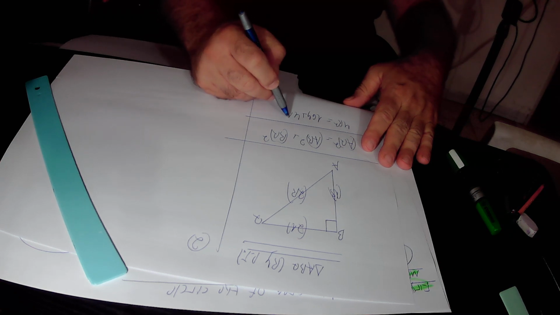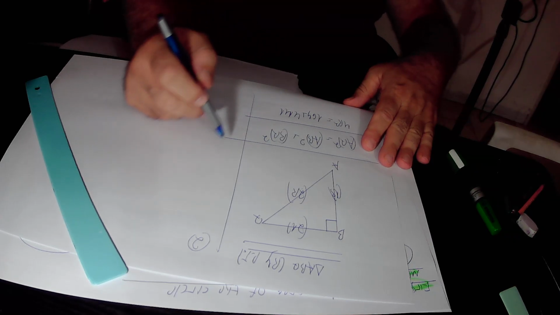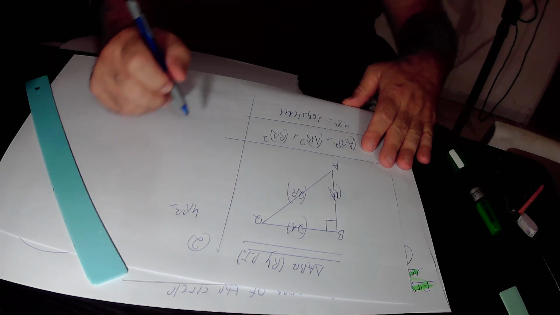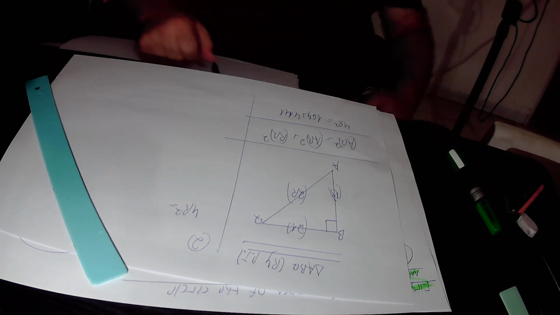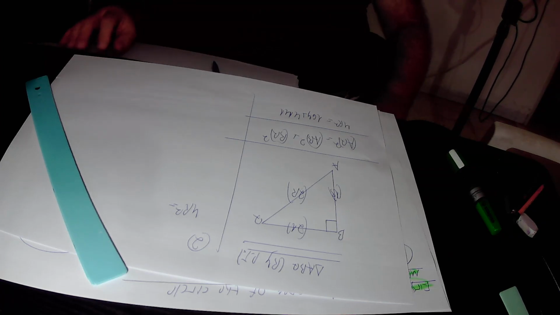So in total we found out that 4R squared equals 169 plus 441. So 4R squared equals 441 plus 169, which is equal to 610.